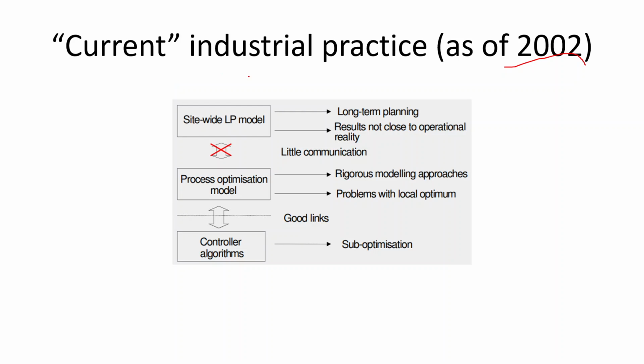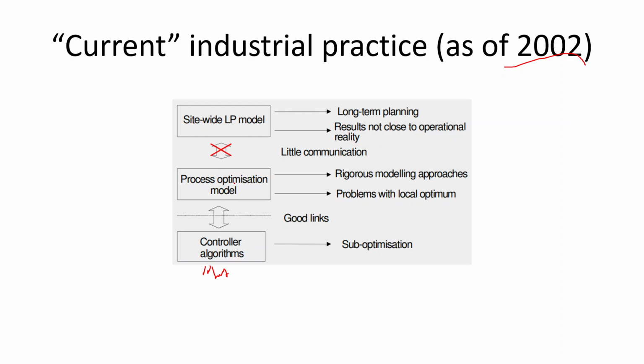So they say in 2002 that we have good links between the control algorithms, which is basically the plants, and the process optimization model. So we have the process model which we can then use to optimize. Right, the one that I showed you the other day, this DME model, we can use that model to do an optimization to maximize the DME product, for example.